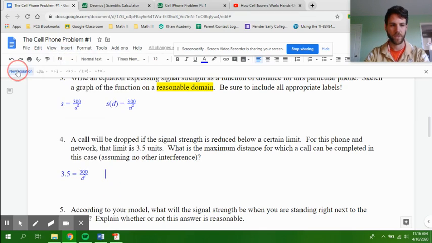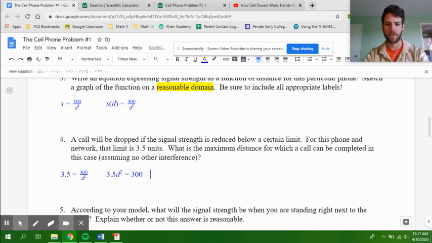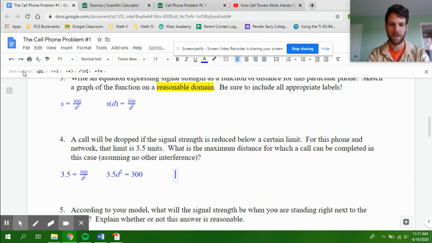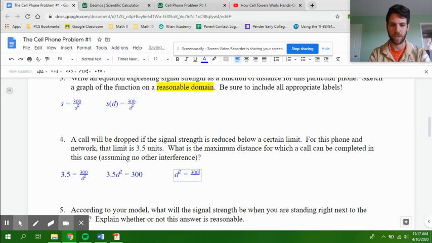And so let's put that equation in first. So then we would have 3.5 d squared is equal to 300. And then we would divide both sides by 3.5. So let's put that in. So we have d squared is equal to 300 over 3.5.